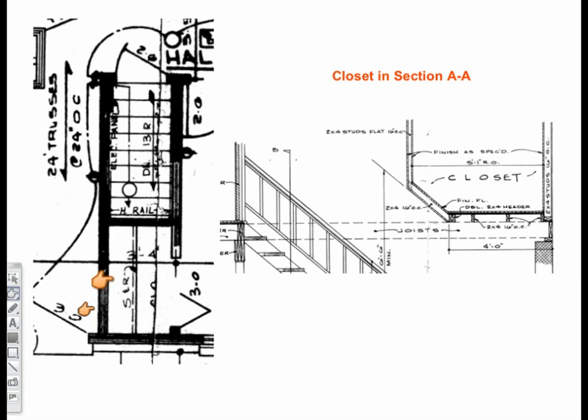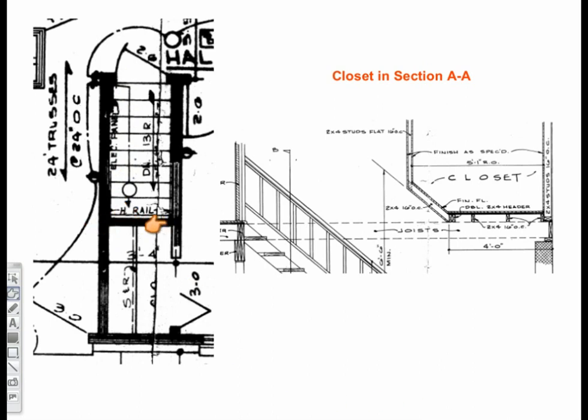The closet represented in floor plan view here is represented in section AA here. You will be able to see the closet as well as the stairs in section AA, which is on page 11. The stairs represented in section AA are represented here in the floor plan view.